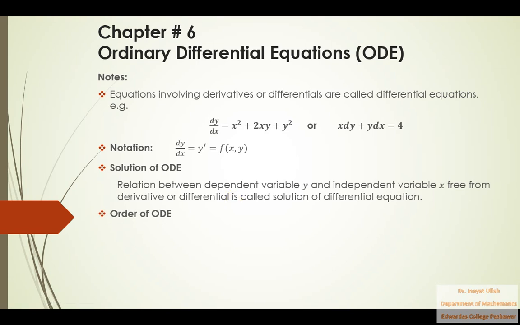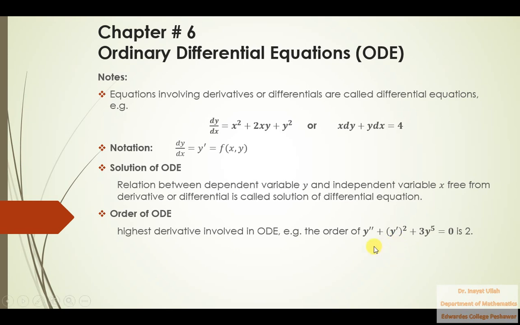Next is the order of an ODE. What is the order of a differential equation? The order of a differential equation is defined to be the highest derivative involved in the ODE. That is, the differential equation, an ordinary differential equation.